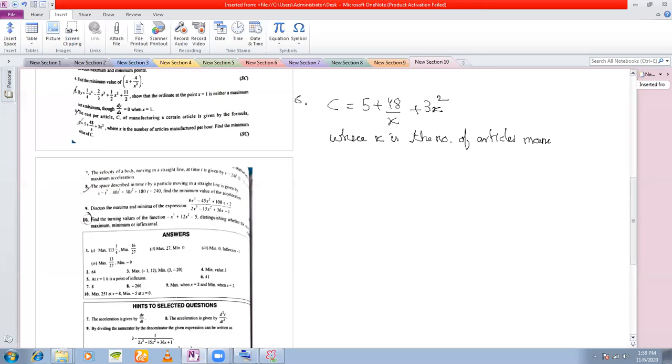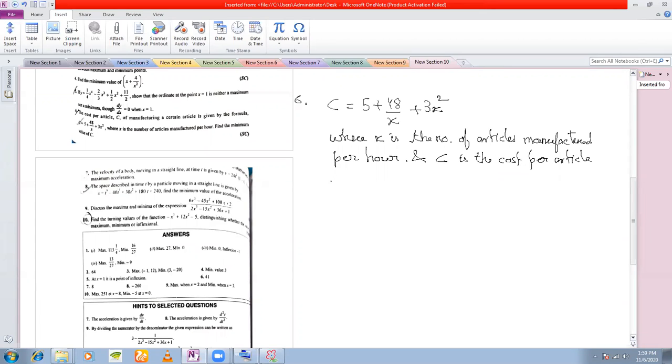You need to find the minimum value of C, where C is the cost per article.